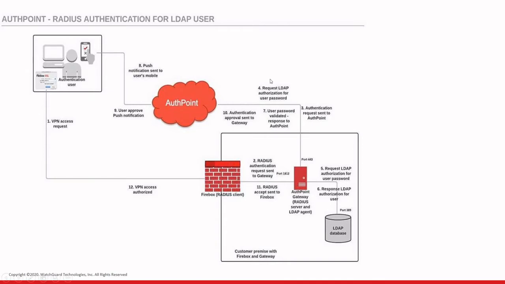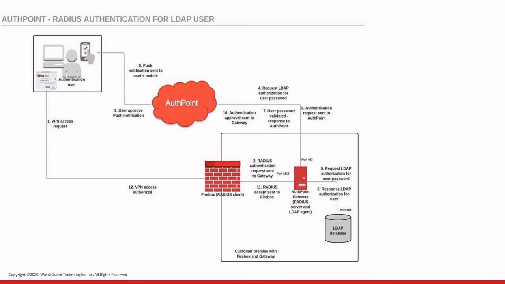Definitely, there are some components that we assume are already configured and installed ahead of time, such as the configuration done in the cloud, and the AuthPoint gateway agent that is installed on premises, because this user is part of the LDAP database, which is behind the firewall.